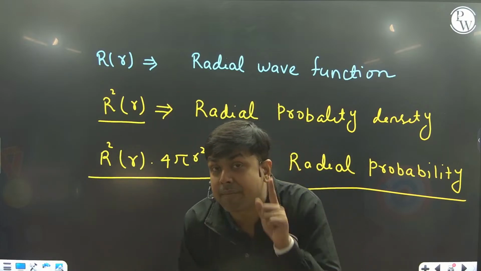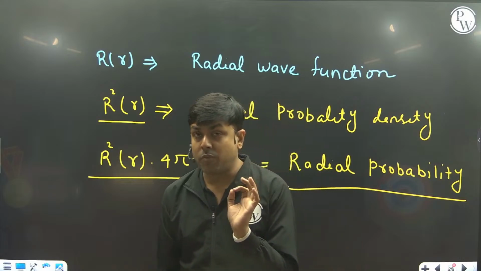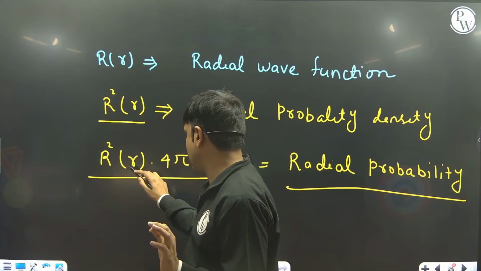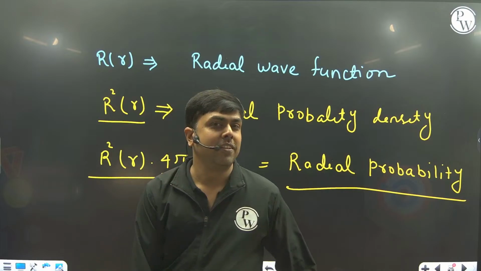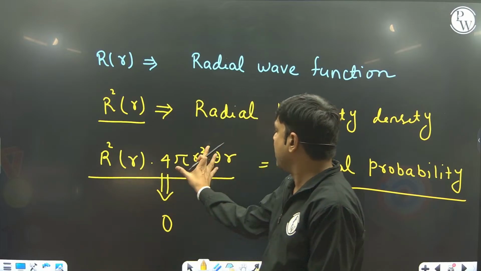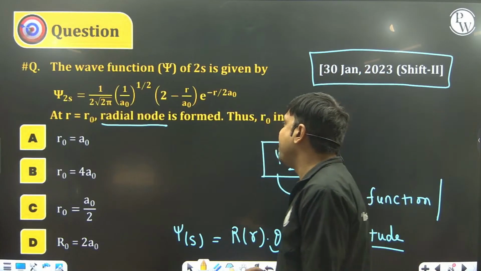Now, if I have to calculate the radial node, always what you need to do is make this term 0.